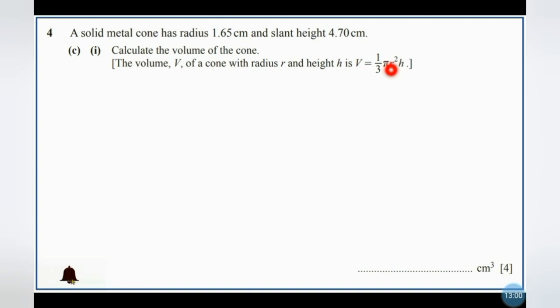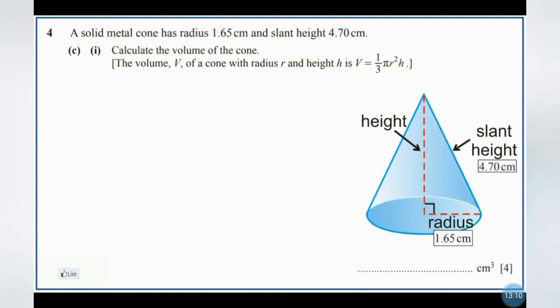The radius is 1.65. The height, we don't know yet the height. What we know is the slant height. So remember, if you have a figure, we know that the slant height is 4.70, but we don't know yet the height. We need to find out first what is the height, by using the Pythagoras theorem.